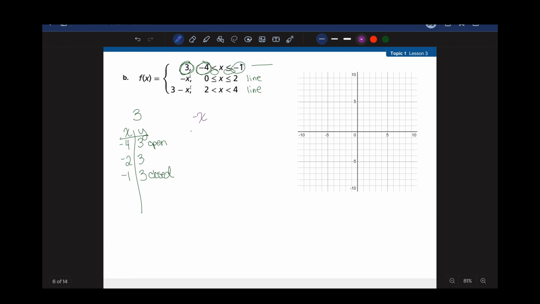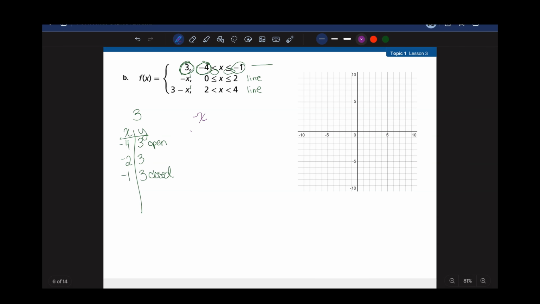And then for my third graph, I have 3 minus x going from 2 all the way to 4. So 2, 3, 4, no equal to, no equal to. So both of these endpoints are open, and my table filled in is 1, 0, -1.